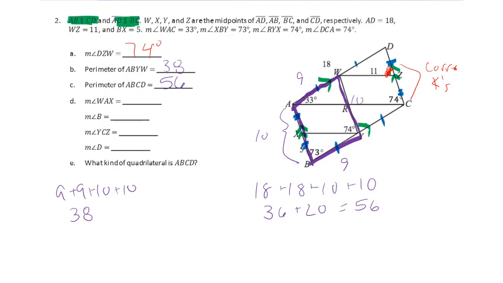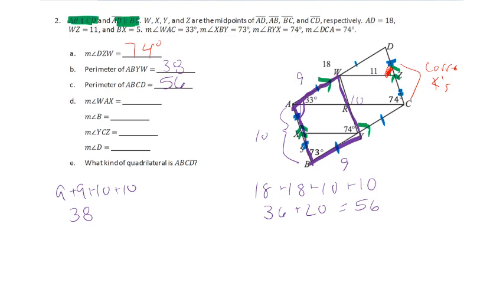Now, let's look at the measure of angle WAX. So let's see, WAX is this whole big angle right here. They want the big guy. Well, we know this part is 33. They already gave us that. That was kind of nice. And we've got to figure out this little piece right here. Now, as a reminder, this is a parallelogram.